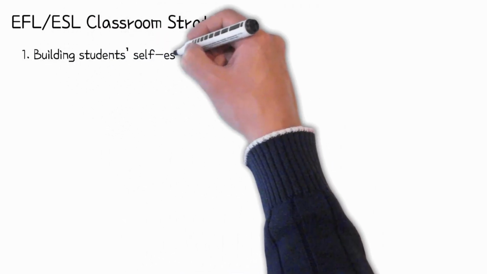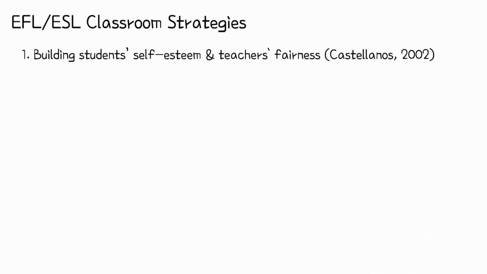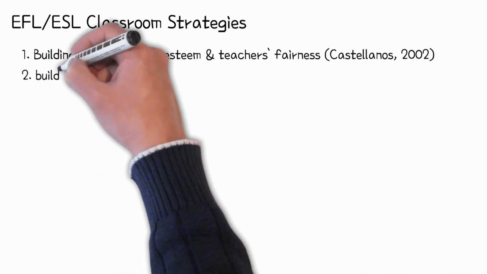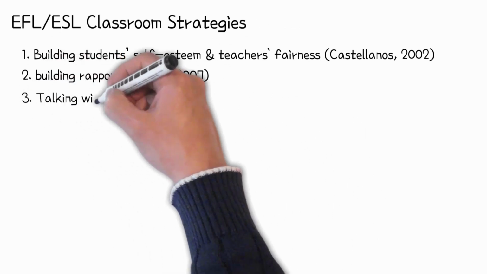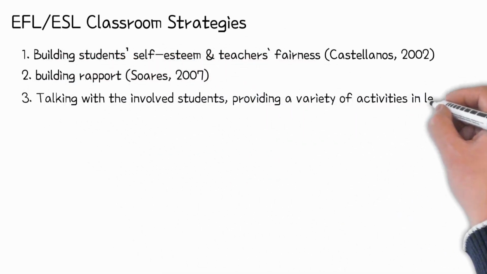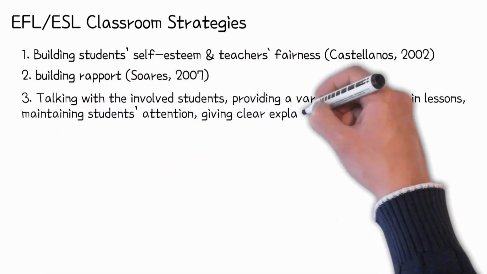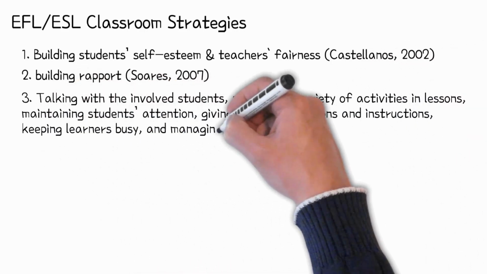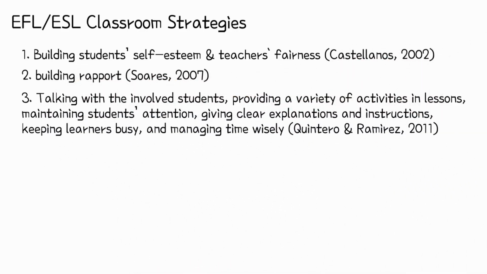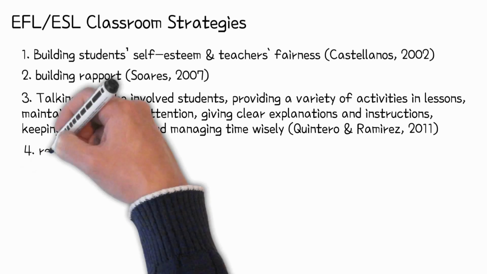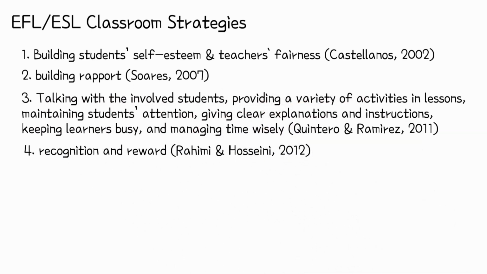Here are some of the best ESL or EFL classroom strategies based on recent studies. Building students' self-esteem and maintaining the teacher's fairness. Building rapport. Talking with the involved students in case of disruptive or problematic students, providing a variety of activities in lessons, maintaining students' attention, giving clear explanations and instructions, keeping learners busy and managing time wisely.